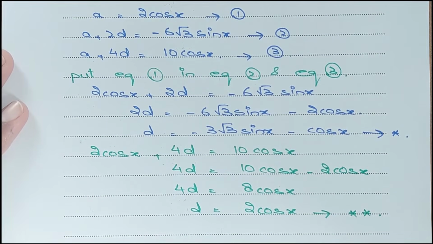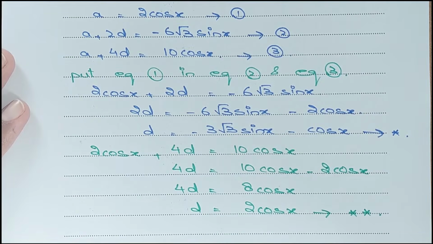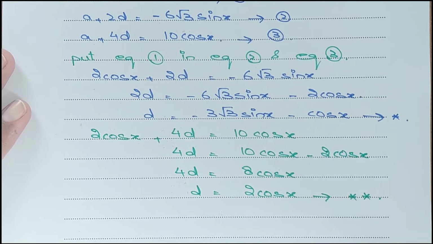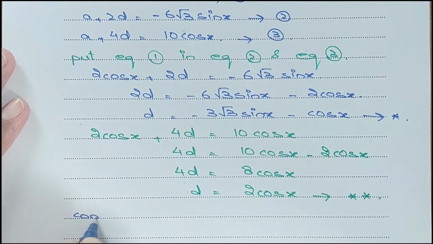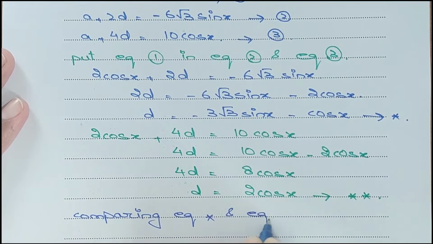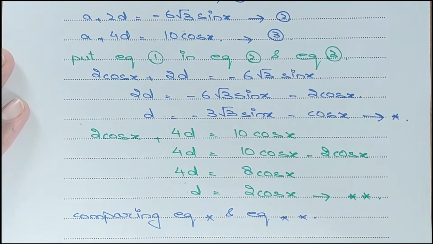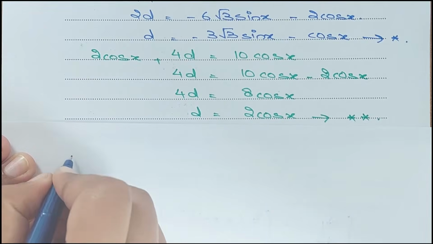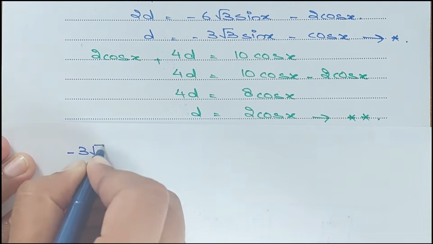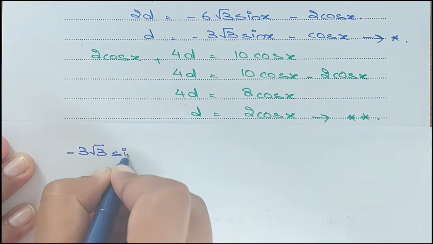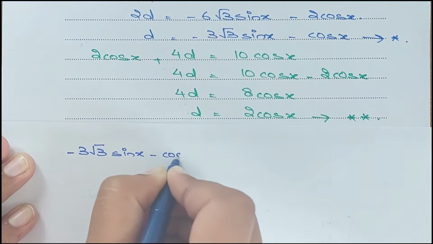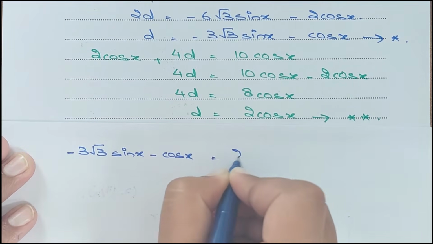So we have the d value. We can compare equation star and double star to get the value for x, right? So, comparing equation star and equation double star, we can say negative 3 square root of 3 sine x minus cos x is equal to 2 cos x.